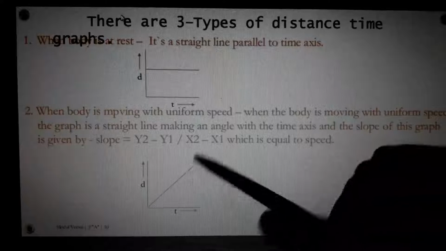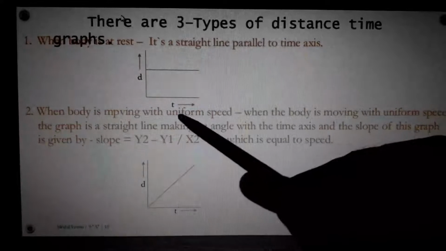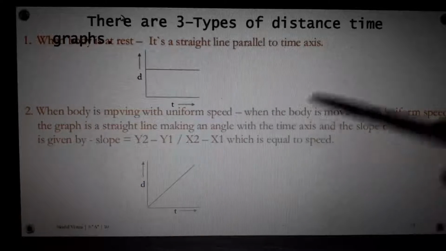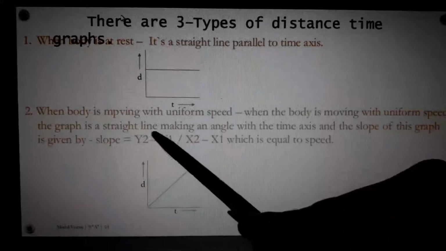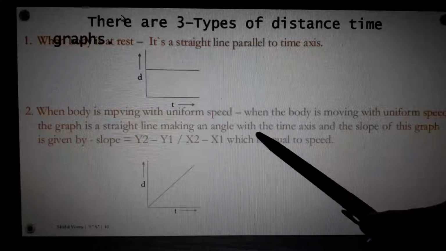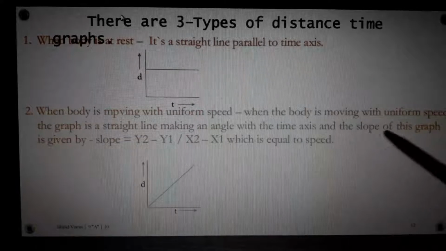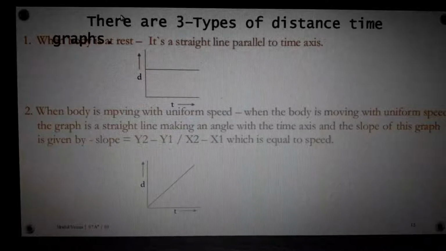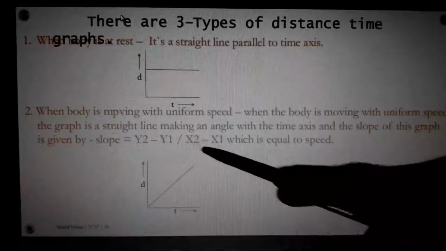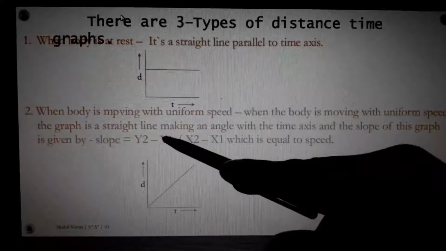See, when a body is moving with uniform speed, the graph is a straight line making an angle with the time axis, and the slope of this graph is given by y2 minus y1 divided by x2 minus x1, which is equal to speed. This we will discuss afterwards when we are solving the equation.